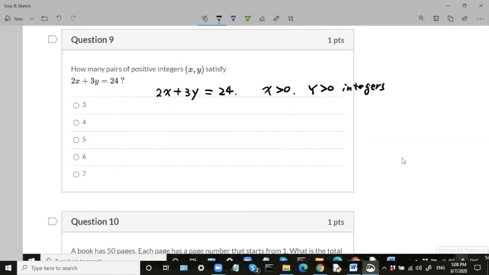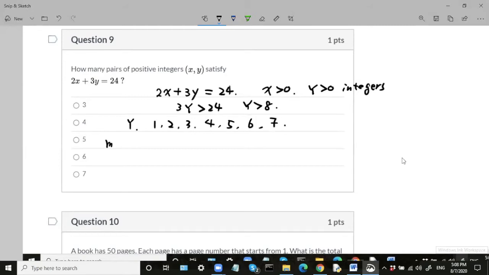Because x is greater than 0, 3y is less than 24. Then we have y less than 8. So y has the values 1, 2, 3, 4, 5, 6, 7.